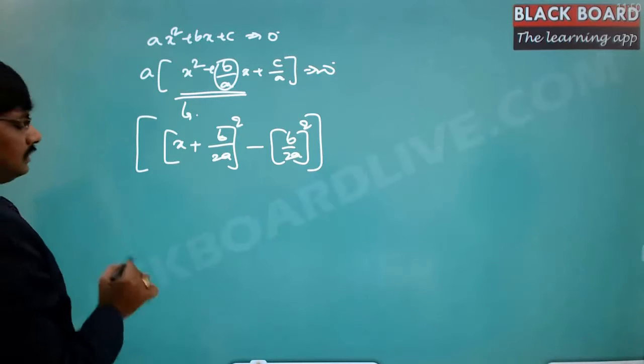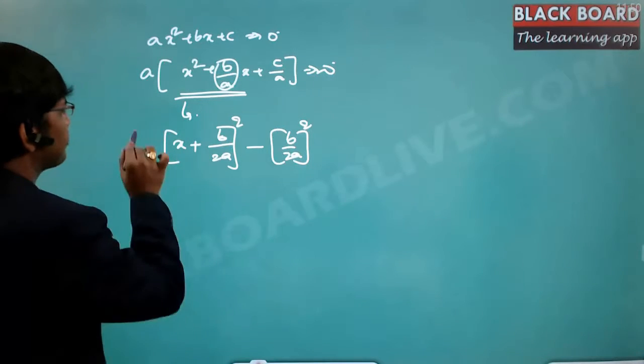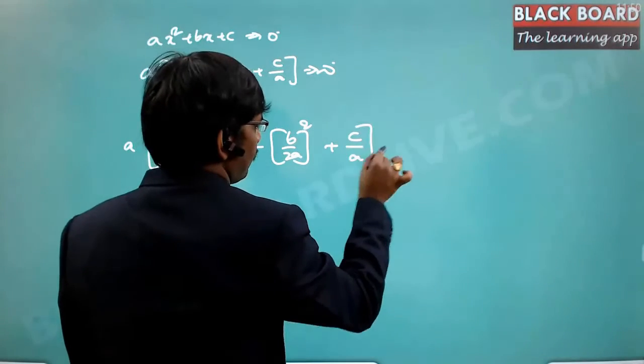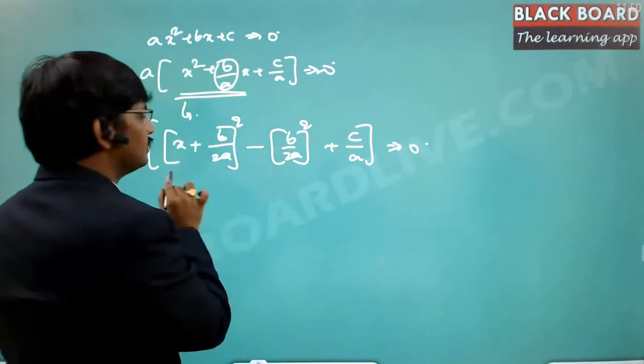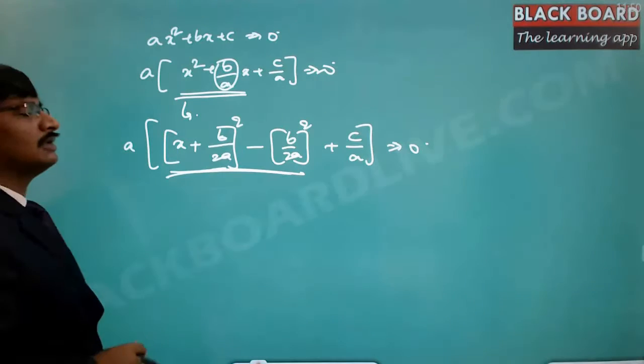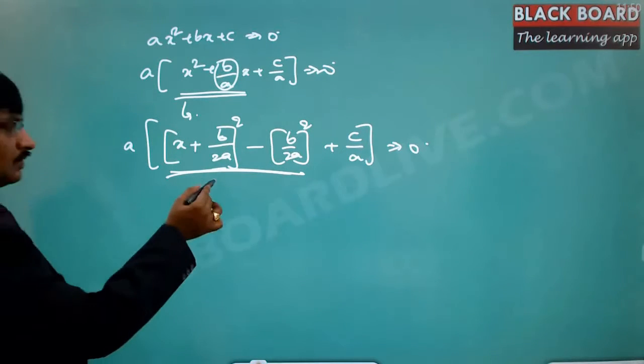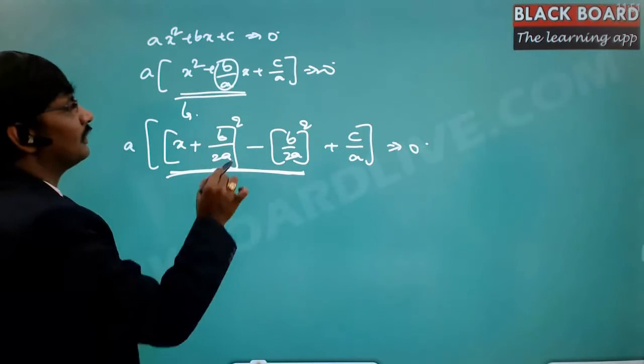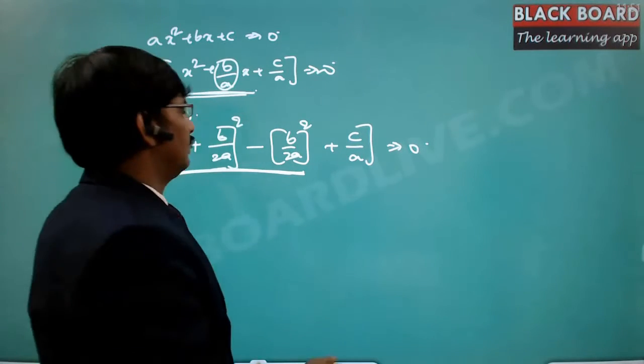So this is plus c by a equal to 0. Now this is how we can write this value as well. Why? Because see this, I'll try to simplify. For your understanding, I'll take this portion and simplify it.